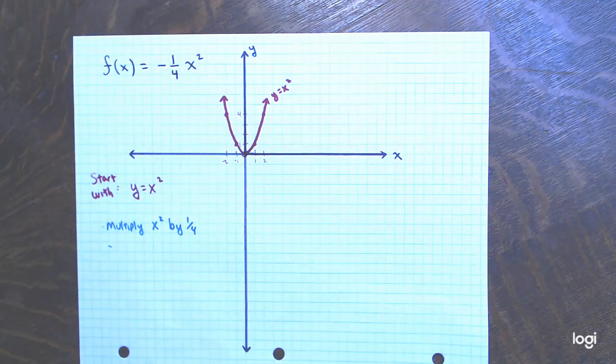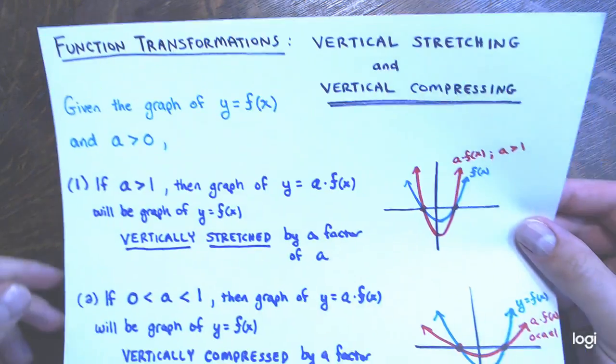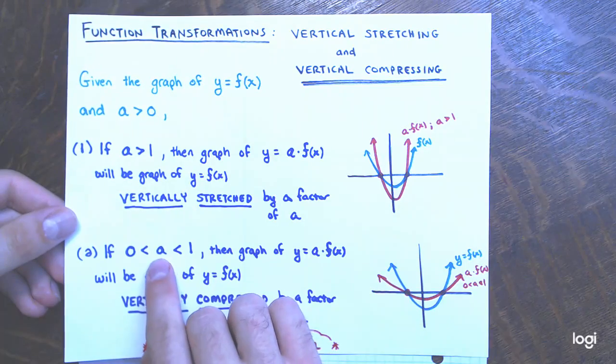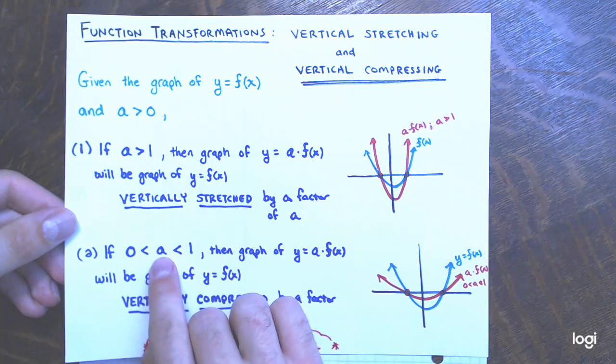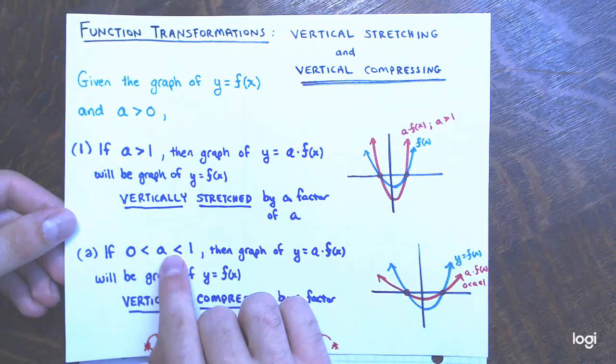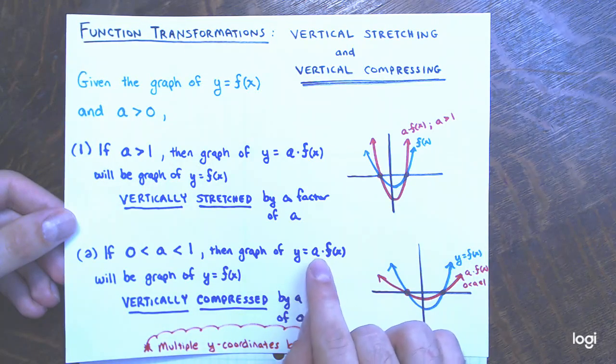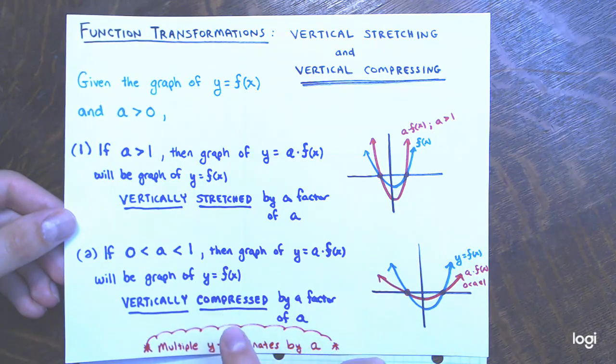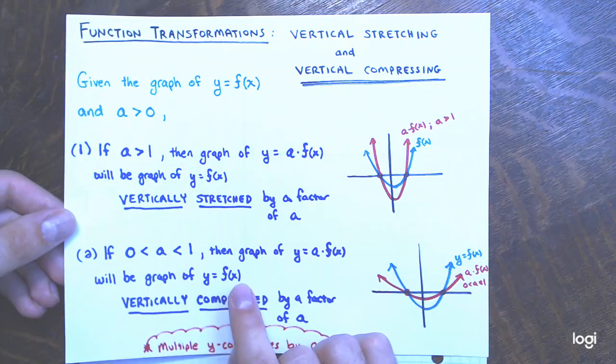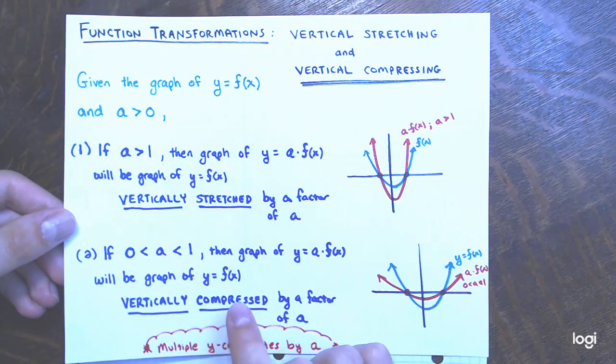That's going to cause a vertical compression, back to that first page. Because if I multiply by +1/4, that's the second case, a number between 0 and 1. So the graph of y equals 1/4 x squared will be the graph of y equals x squared vertically compressed by a factor of 1/4.